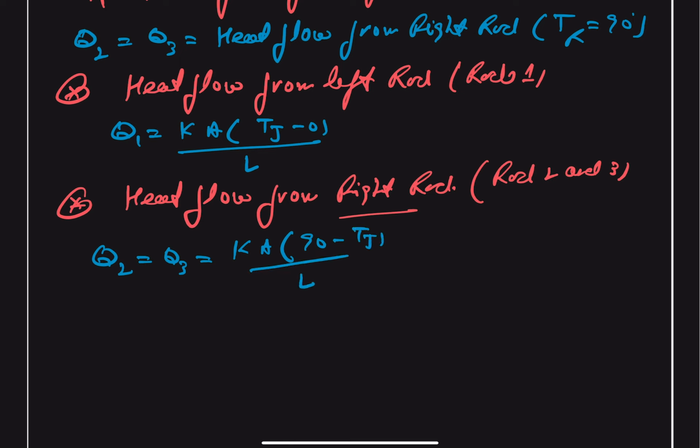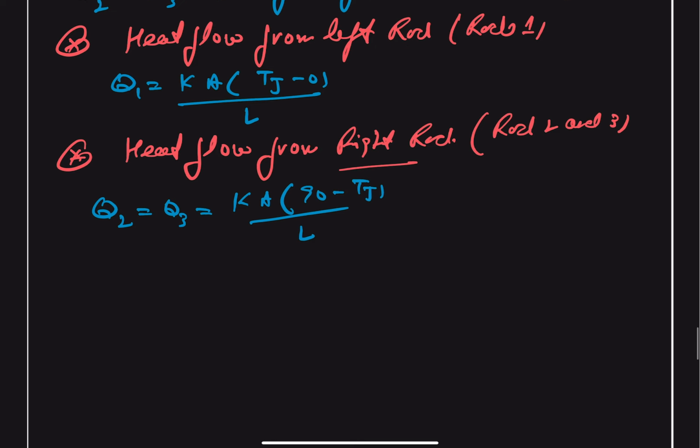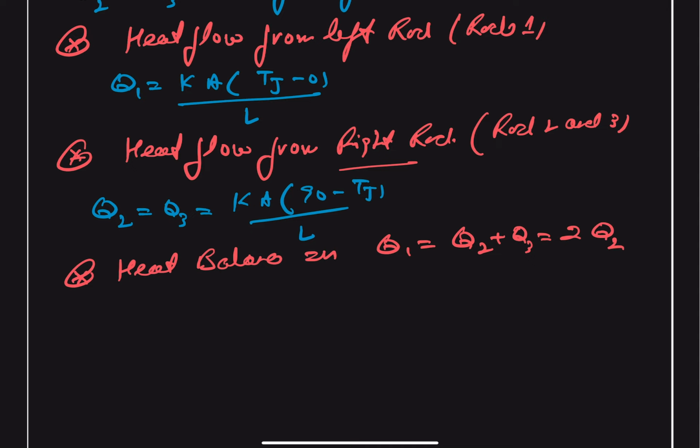Now we are going to use the heat balance equation, which gives us that Q1 will be equal to Q2 plus Q3, and we can write this as twice Q2 because Q2 and Q3 are the same.